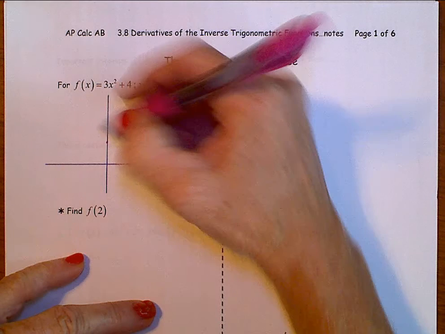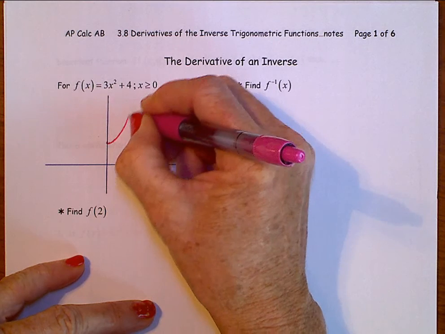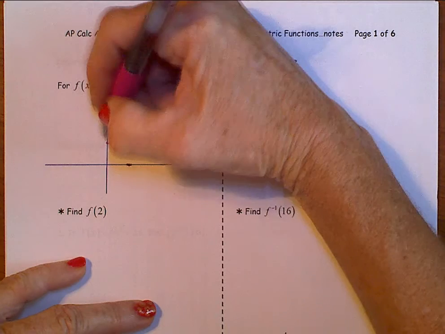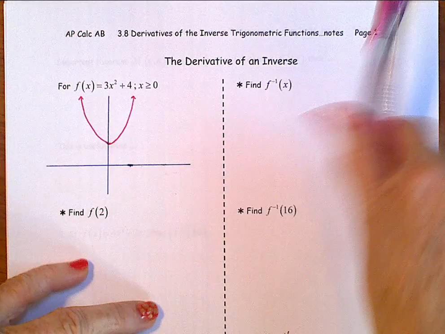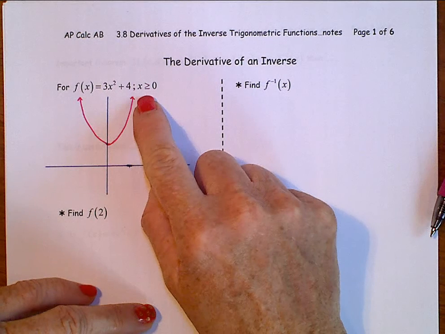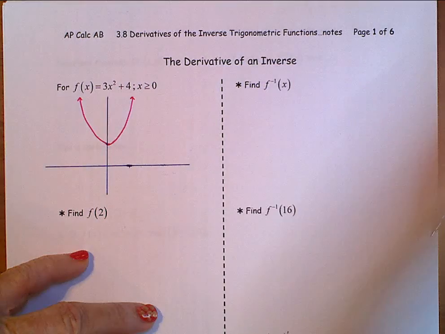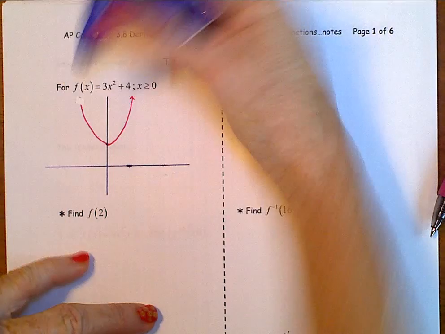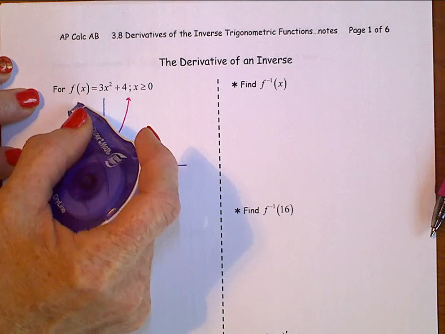It's a parabola that opens upward, like this. Uh-oh. This said for x greater than or equal to 0. So, can't have this piece over here. But now, more than that, I need you to think about why did I put that restriction on there.